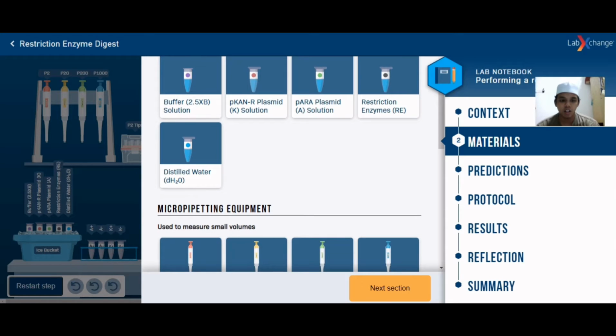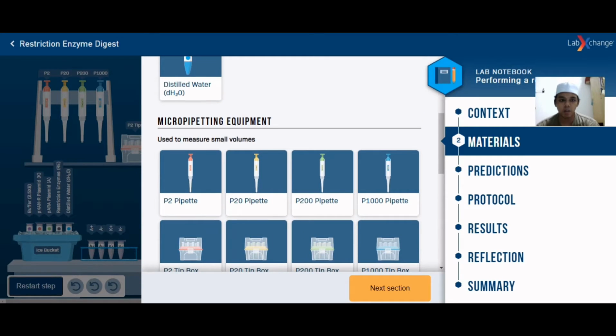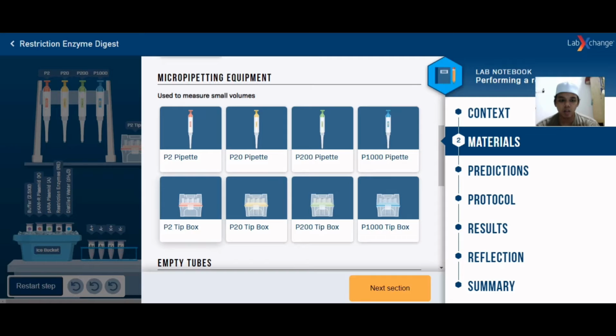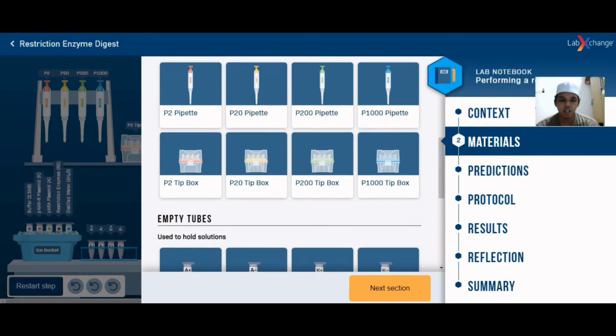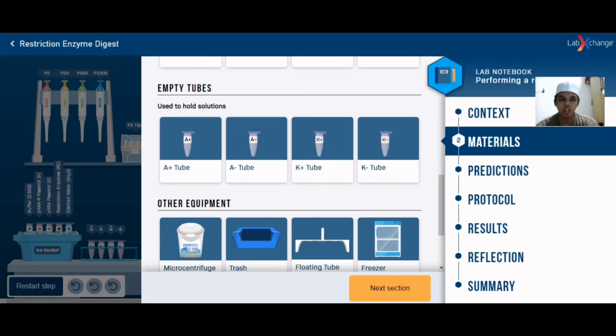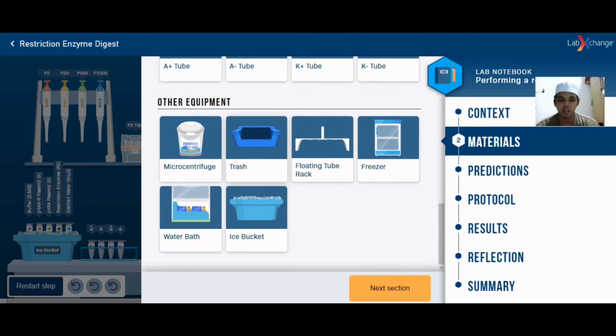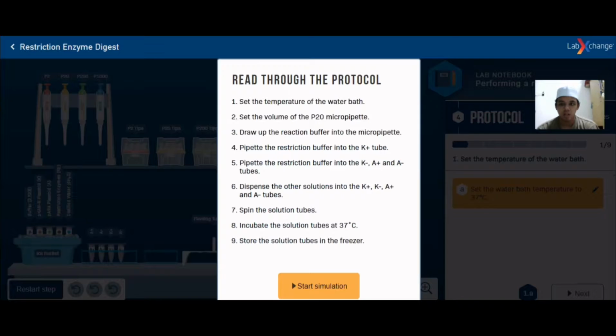The other equipment is micropipetting equipment used to measure small volumes, like the pipette and tip box. Other equipment is empty tubes used to hold solutions, and also microcentrifuge, trash, floating tube rack, freezer, water bath, and ice bucket.